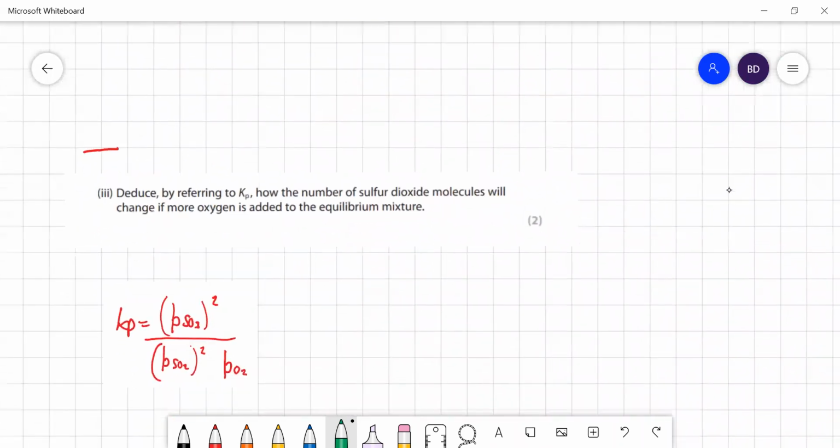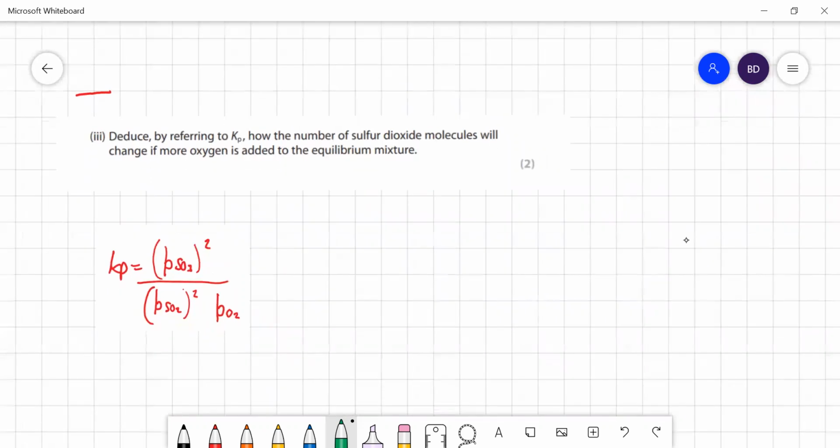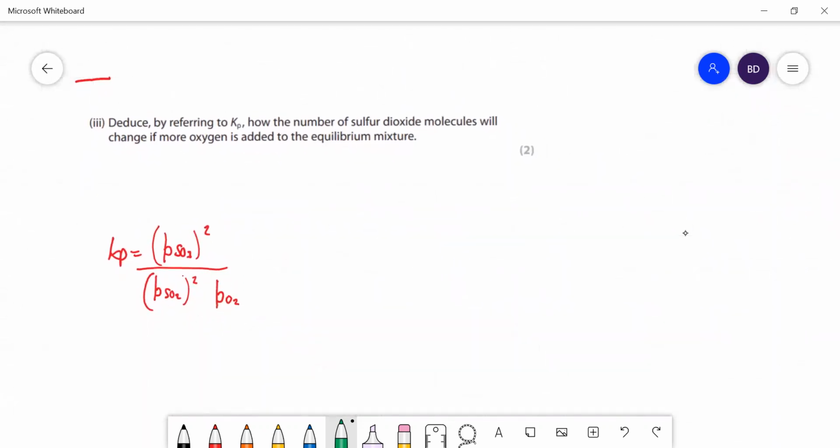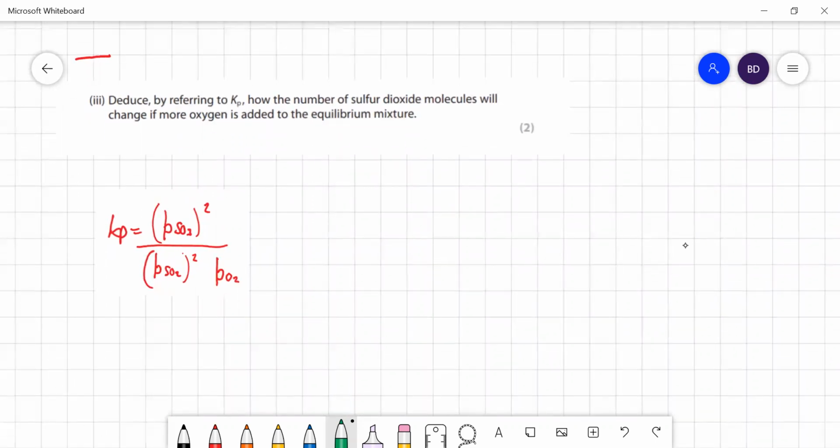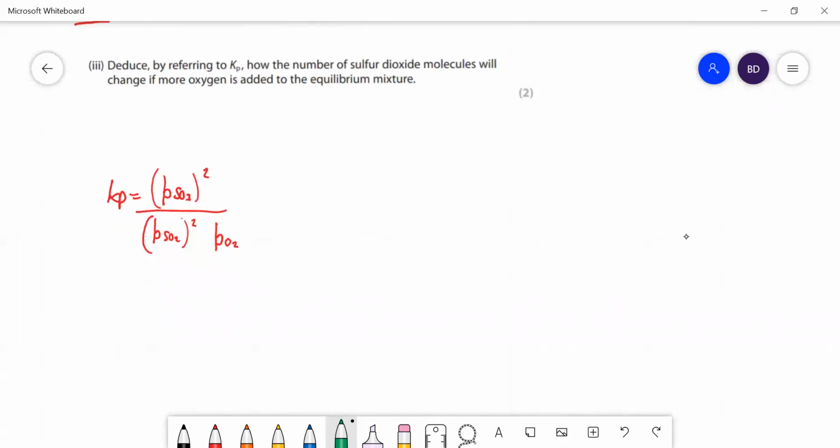Right, deduce by referring to Kp how the number of SO2 molecules will change if more oxygen is added to the equilibrium mixture. Okay, right, now we know Kp is constant. The only thing that changes Kp is if you change the temperature, and we're keeping it at constant temperature. That stays the same. Now, we add more oxygen molecules, that has got to increase.